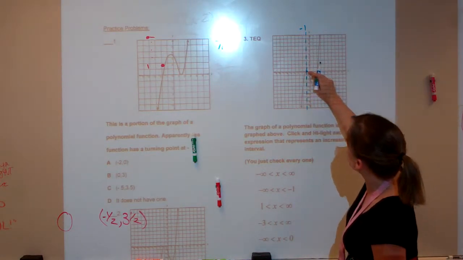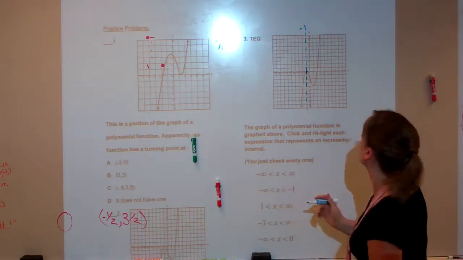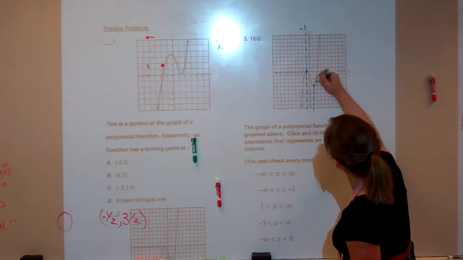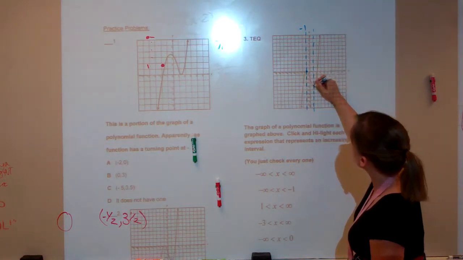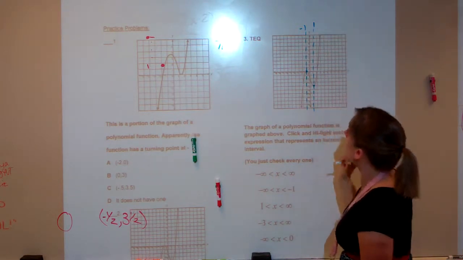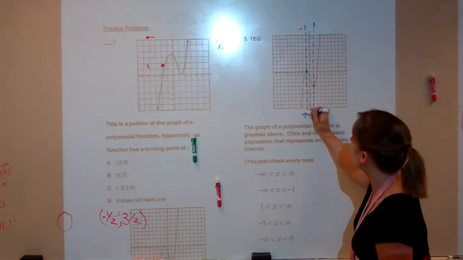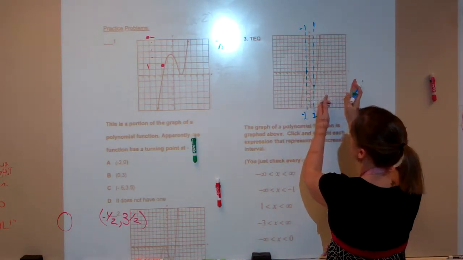All right, the point here would be -1, 0, but you only care about the x value, which is the -1. There's another turning point here, which breaks it into another interval. All right, and the x value of this point is +1. Okay, so it's -1 here, +1 there. And so it breaks it into 3 intervals.